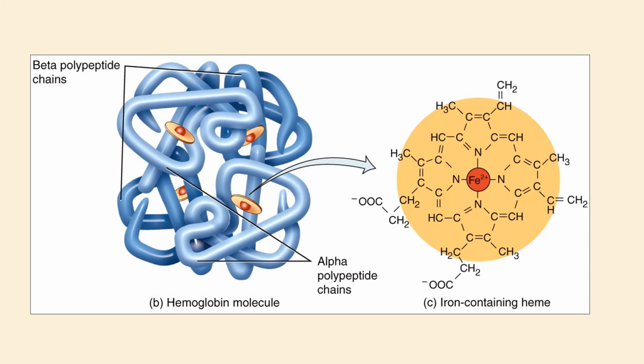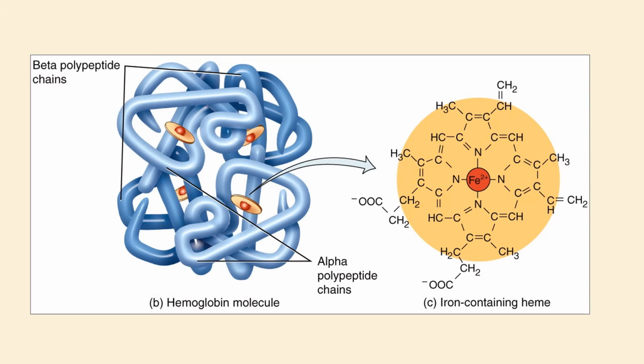And in this image, we can take a closer look at the structure of the heme. So on the right side of the diagram, that's a heme, and at the core, the center of the heme, is an atom of iron. And iron is a metal, and it's this atom of iron to which molecular oxygen will bind. So this is how hemoglobin can reversibly bind with oxygen.